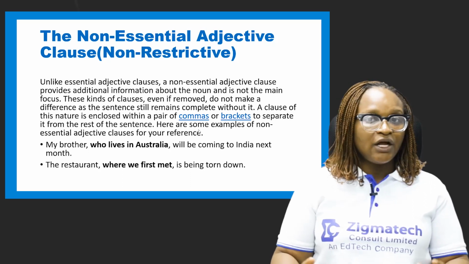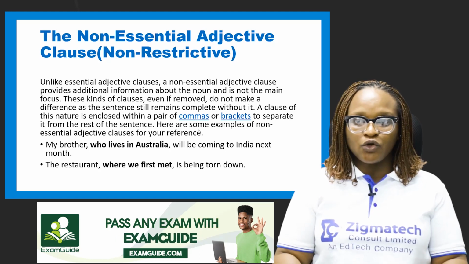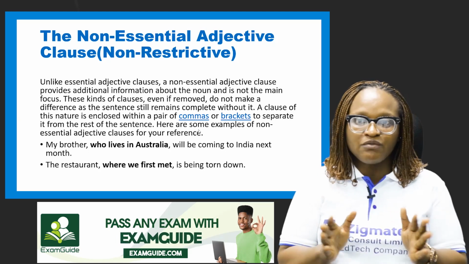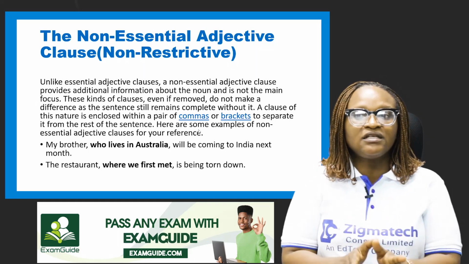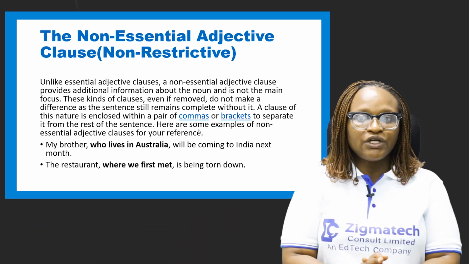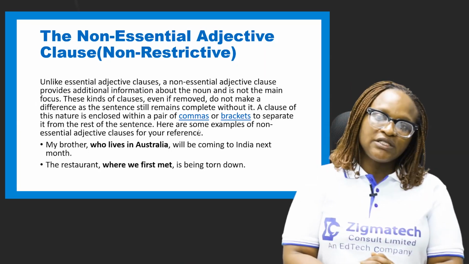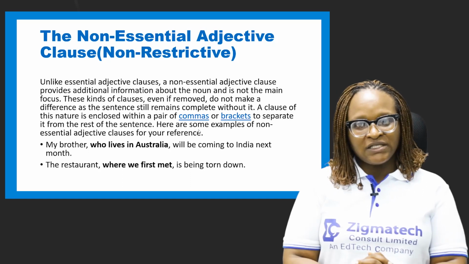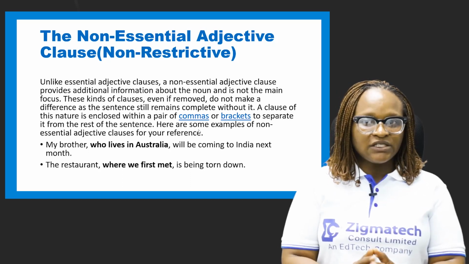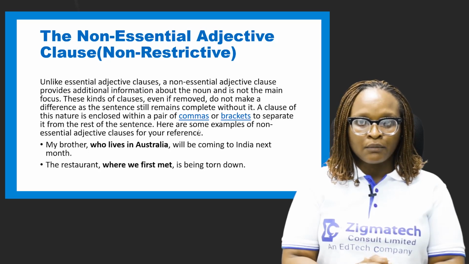It provides additional information, but it's not the main focus. So these kinds of clauses, even if removed, do not make a difference as the sentence still remains complete without it. A clause of this nature is enclosed within a pair of commas or brackets to separate it from the rest of the sentence. So here are some examples of non-restrictive or non-essential adjective clauses.